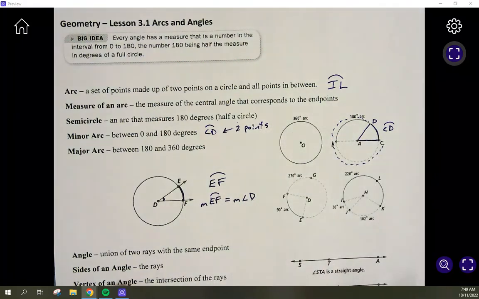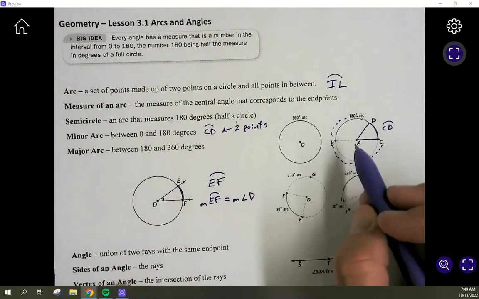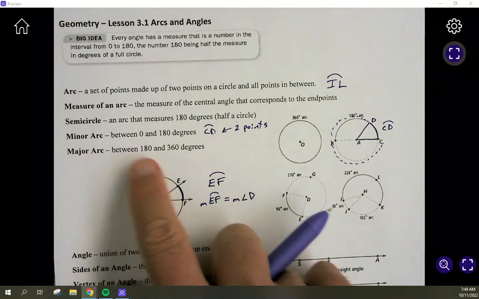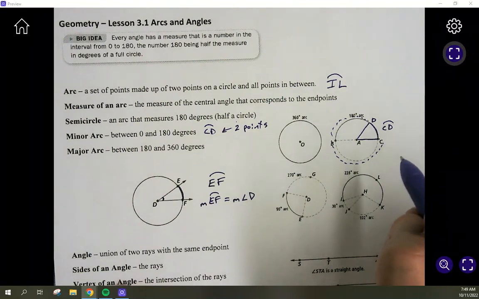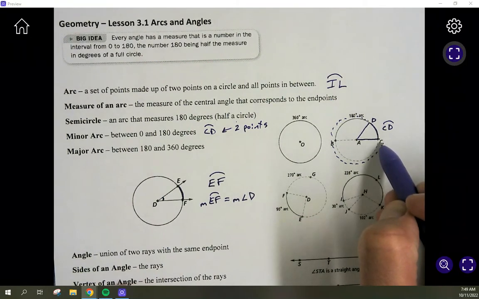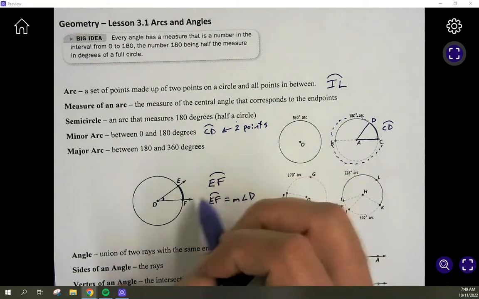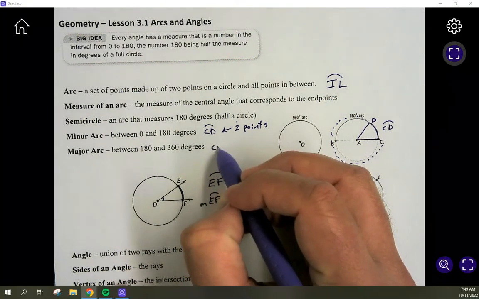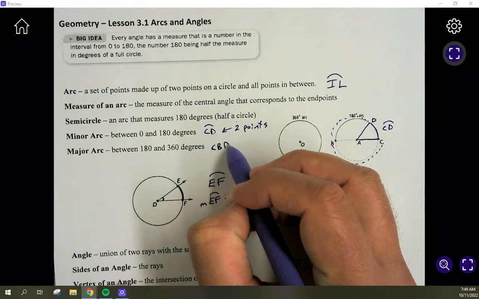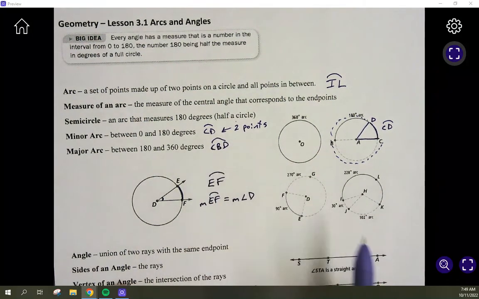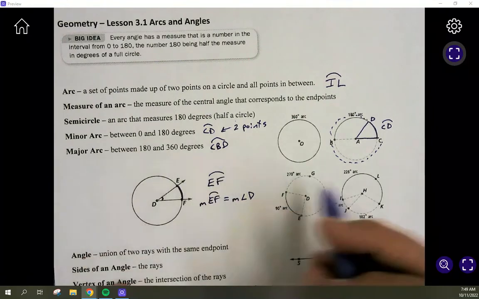Now sometimes they will name a minor arc with 3 points if it's a very complicated picture and they want you to be very sure of what they're talking about. But major arcs are going to be named by 3 points. So I'm starting at C, I'm passing B, and I'm ending at D. So I would call that C, B, D, like that. Okay, and I still use that arc symbol.